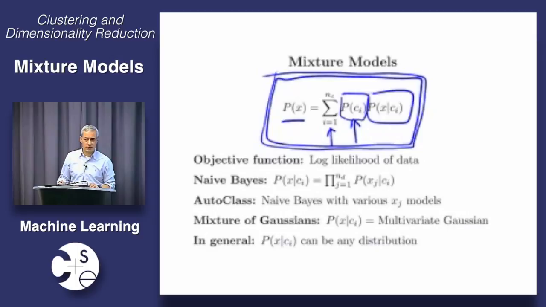Everybody got this idea? This is really what we're going to be talking about for the next 15 minutes or whatever. Okay. So there are many reasons to like this. One of which is, it is now clear what my objective function should be. It's just the log likelihood of the data, right? Same as when we were doing Bayesian learning or statistical learning more generally, right? So I have a set of data points. I want to find the clusters and the model for each cluster according to which my data is as likely as possible, right?